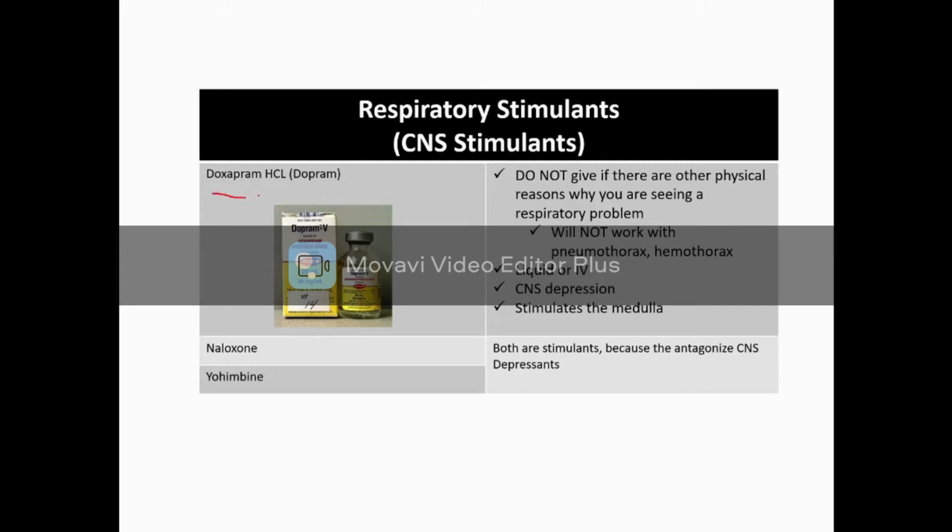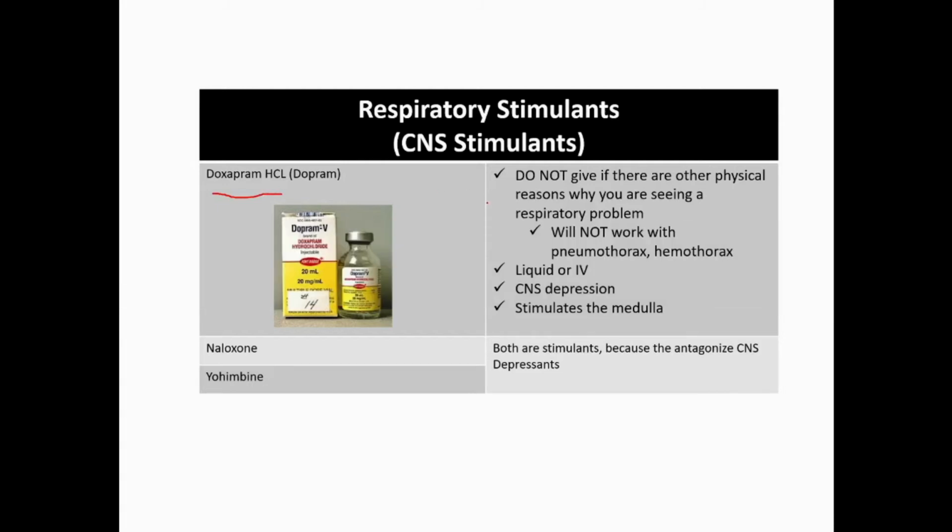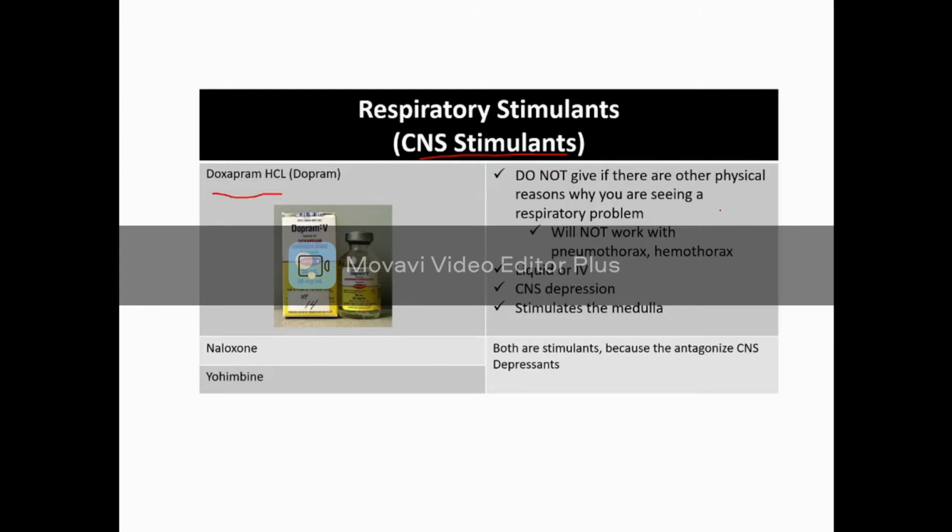So respiratory stimulants, we start with doxapram or Dopram. We do not want to give this drug. We've seen this in our CNS portion, in our nervous system lecture. So this is a nervous system drug that works on the CNS. It will not work if we have something physically stopping the lungs from expanding.